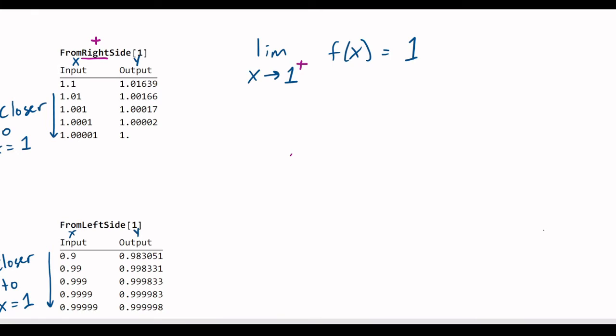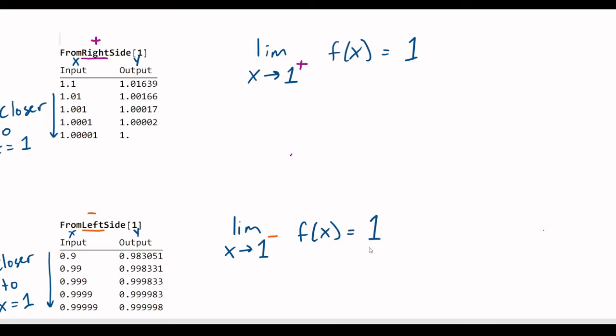Okay, now down here, the limit as x approaches 1, now from the left side, I'm going to use something different for that. That's a minus sign. So you see that minus, that means I'm specifically trying to talk to you about coming from the left side. Okay?